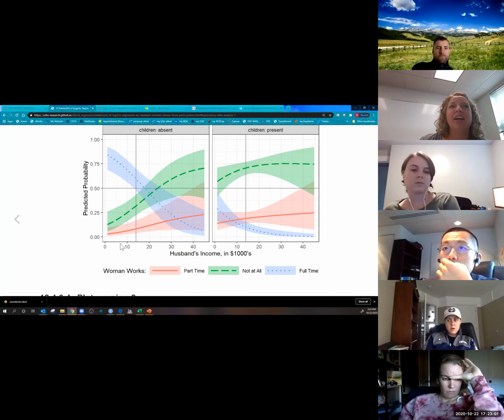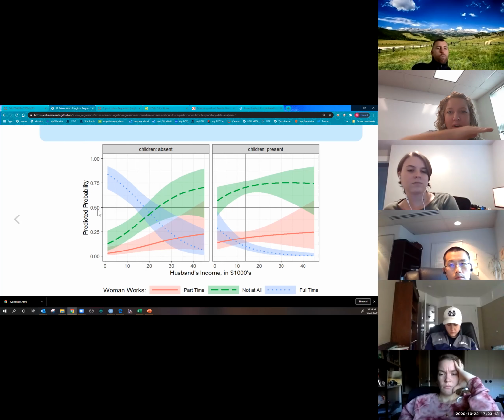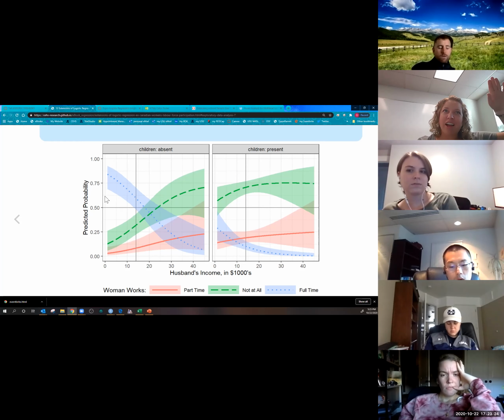So let's see, we've got husband's income and children. Let's do when children are not there. Let's look at this plot. Ooh, let's see if we can figure this out. So I put on the line of 14 and I also put on a horizontal line of 0.5, because that's a 50-50 chance, 0.5 probability. So let's look at the left side of the first panel.